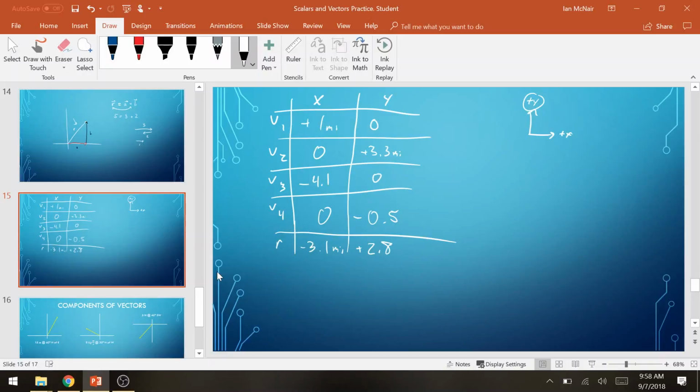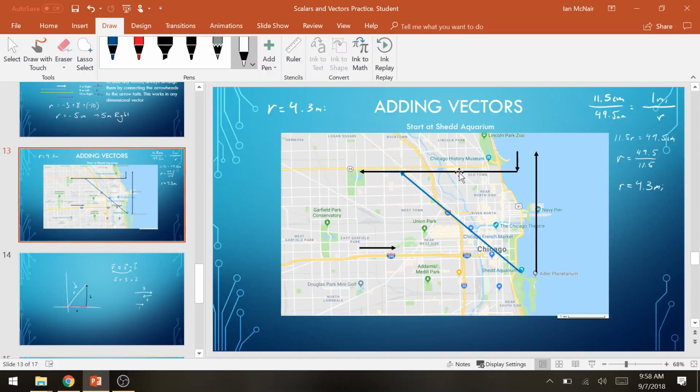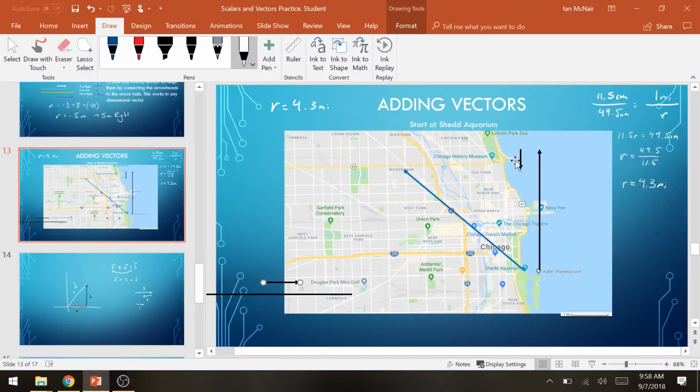So we added those all together, and we get a vector that is 3.1 miles long going in the negative x direction, and then 2.8 miles long going in the positive y. Right? And if you're looking at how these are related to each other, that's going to give us exactly, let's move these over here, the components that make up this one.